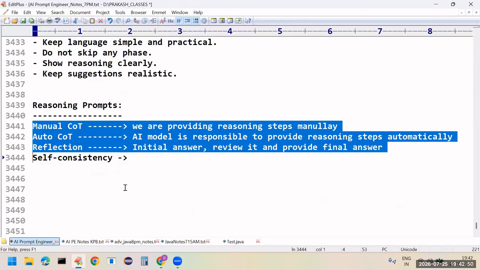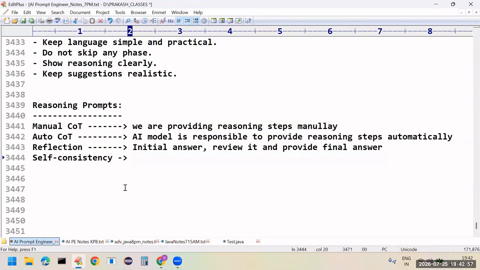Reflection, where the model gives an initial answer, reviews it and provides a final answer. Now, what is self-consistency? Can I say it is solving many times and choosing the common result? Correct? Yeah. Clear?